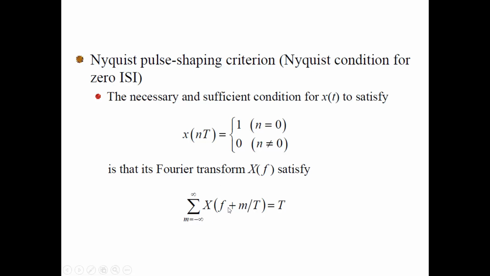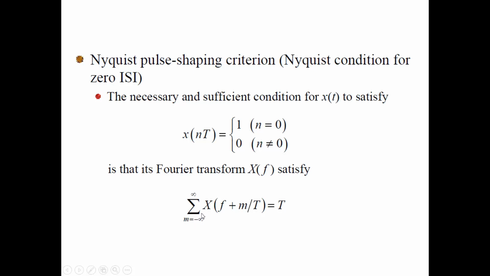It says that the spectra of the pulse when delayed, because this is a range of pulses that is coming at the receiver, the index m determines the various pulses that are coming to the receiver.